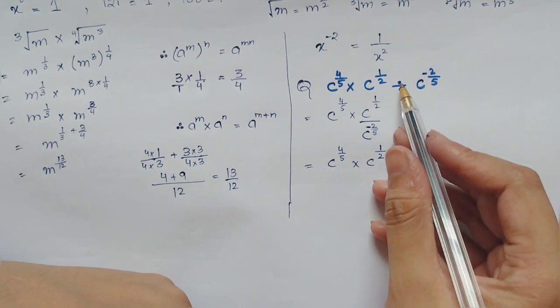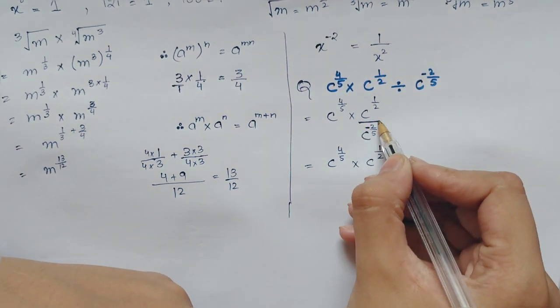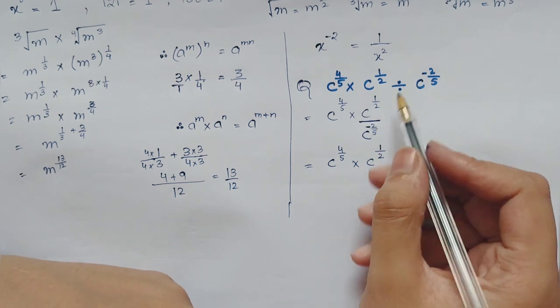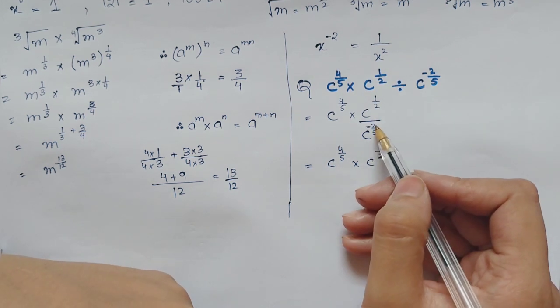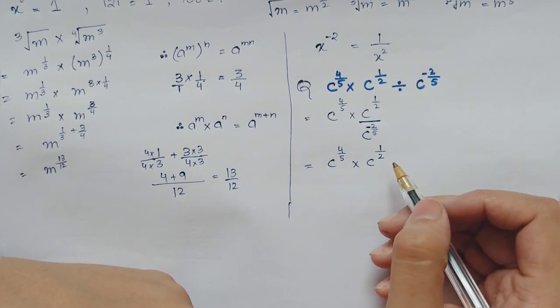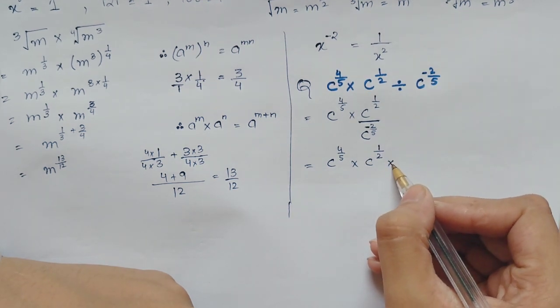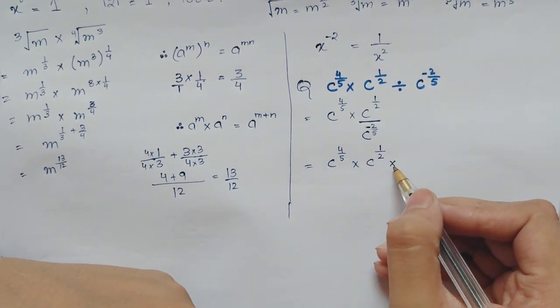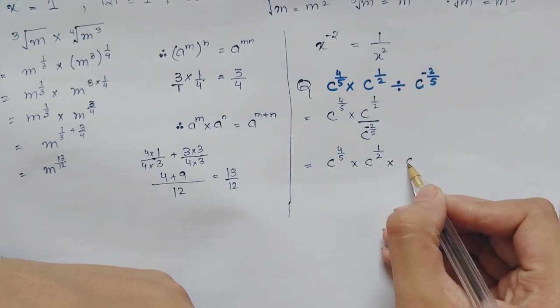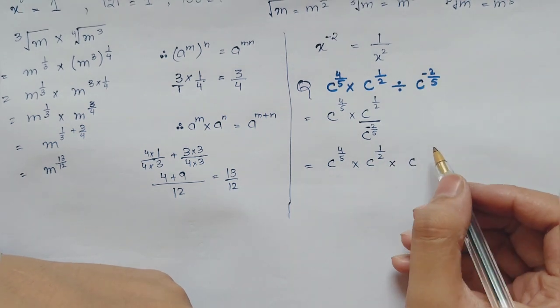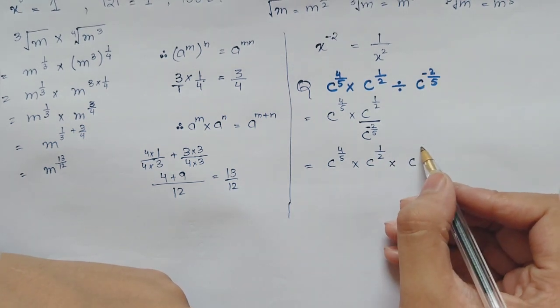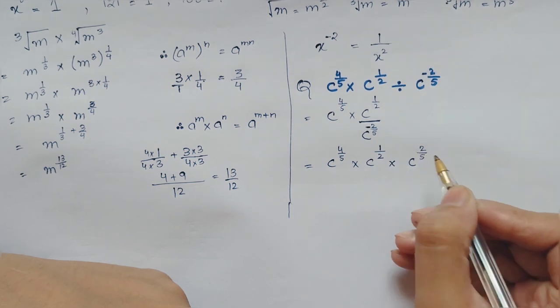I write divide with the division symbol, then the power minus 2 by 5. Now I have to make it in the numerator, so I write the multiplication symbol, and when it comes to the numerator, the negative power changes into positive, and it becomes 2 over 5 positive.